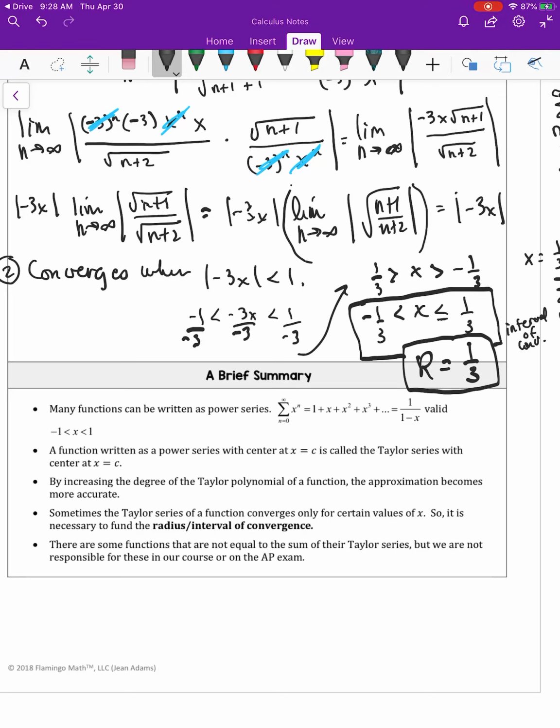So a function written as a power series with center at x equals c is called the Taylor series with center at x equals c. By increasing the degree of the Taylor polynomial of a function, the approximation becomes more accurate. So, that one that we looked at the picture of at the beginning of this lesson, if we would have increased it to 6 or 8, it would have widened our interval of convergence.